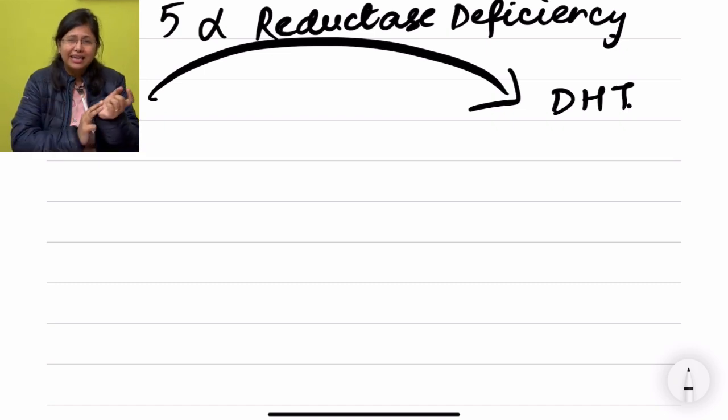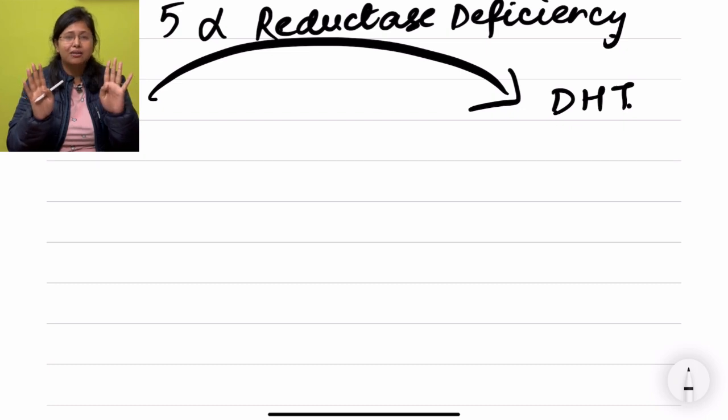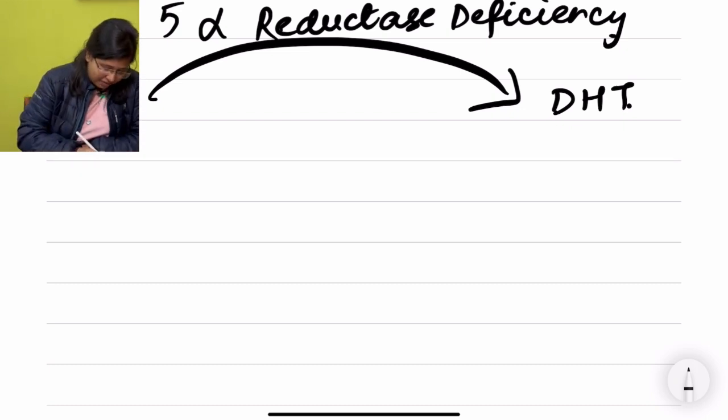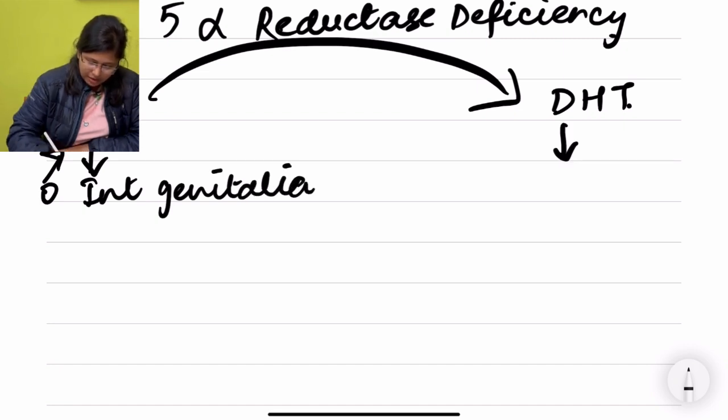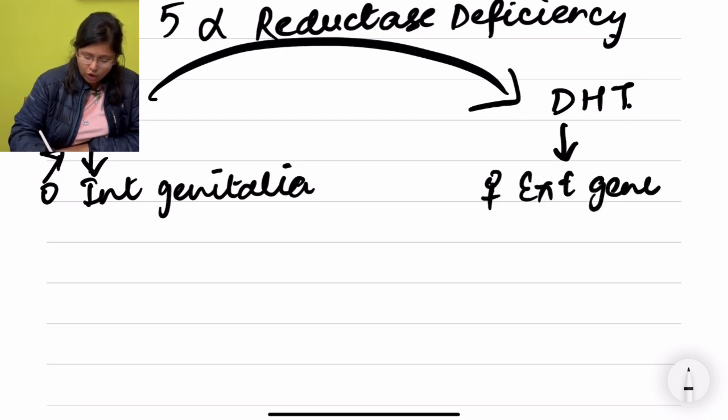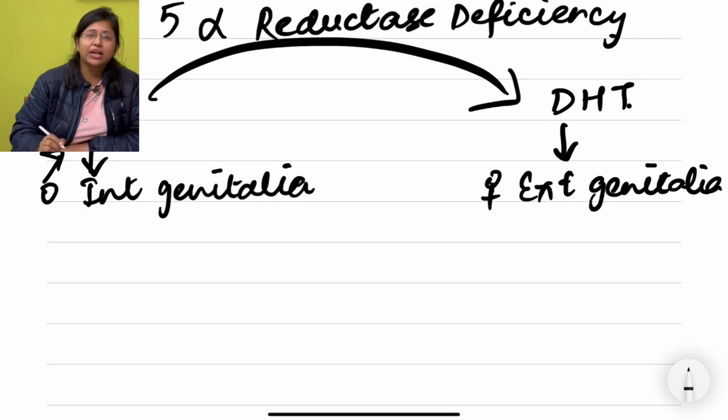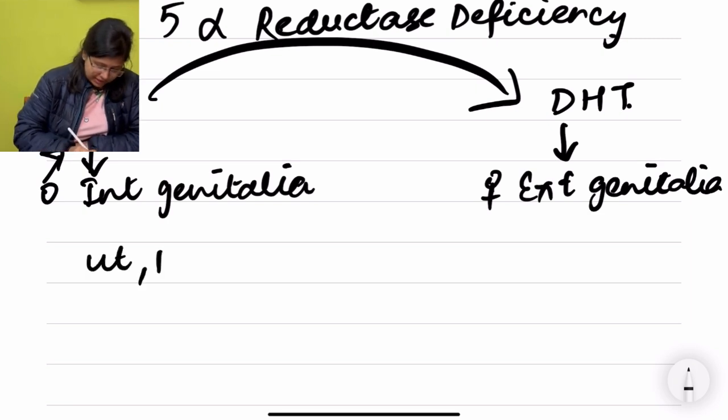But a very rare subset of these will present with just the external genitalia of a female. There will be no ambiguous genitalia, and because testosterone is present, they will have male internal genitalia but female external genitalia. And obviously, because the Sertoli cells are working, there will be no uterus, no fallopian tube, and no vagina.